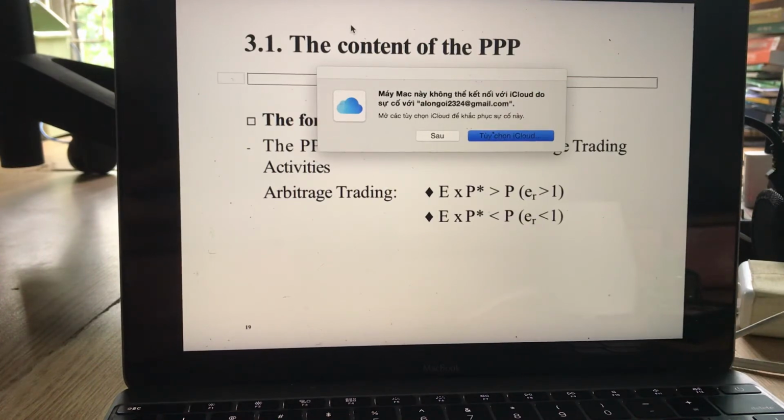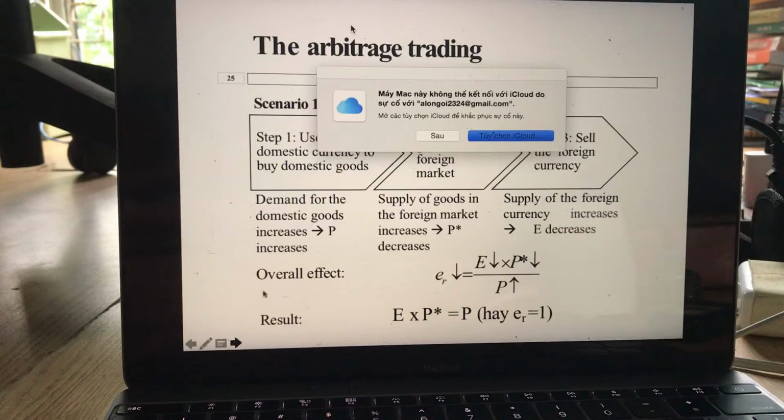In the law of one price, we do arbitrage for only one commodity, but here we have the whole bundle with a lot of goods. The steps are the same. The difference is just whether we trade one good or the bundle of goods.